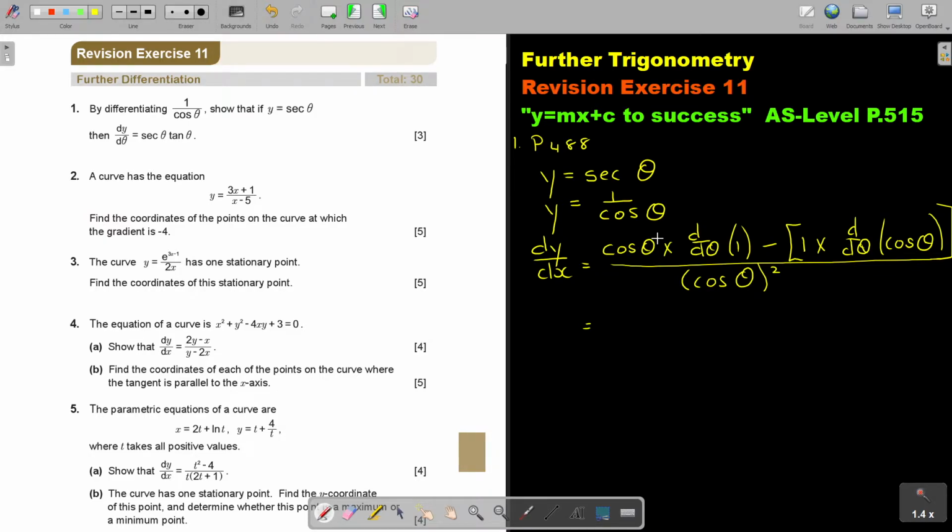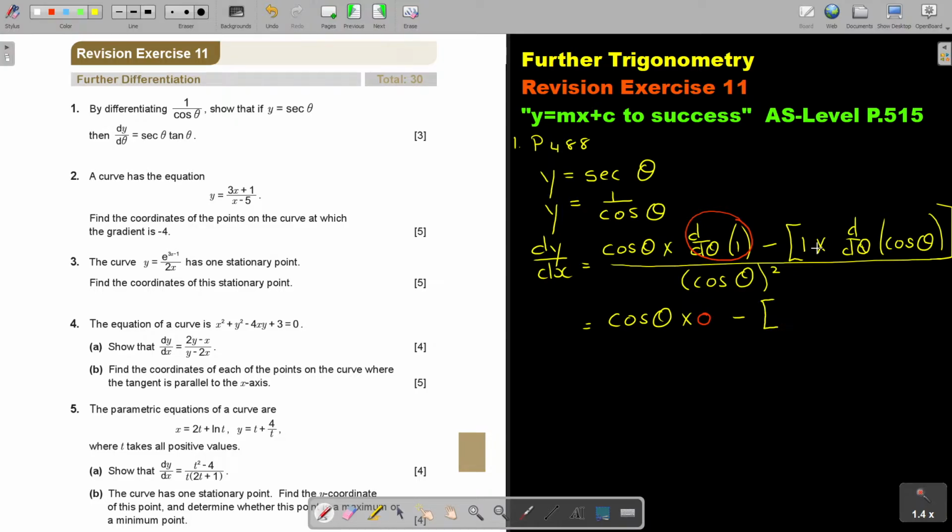Now, this is very important. This is cos theta. Let's work it out. As soon as you differentiate 1, you get 0, so don't forget that.